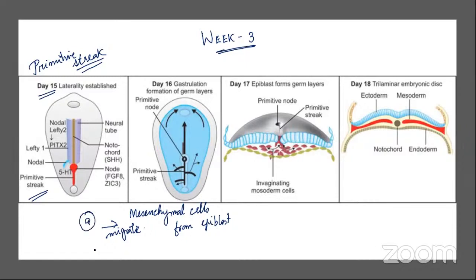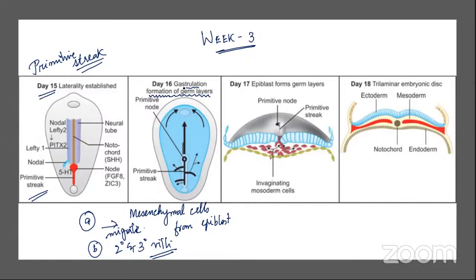This is number 1. Second one that happens is formation of secondary and tertiary villi. So when we say migration of mesenchymal cells from epiblast, what you need to remember is there is going to be gastrulation, formation of germ layers, on day 16.